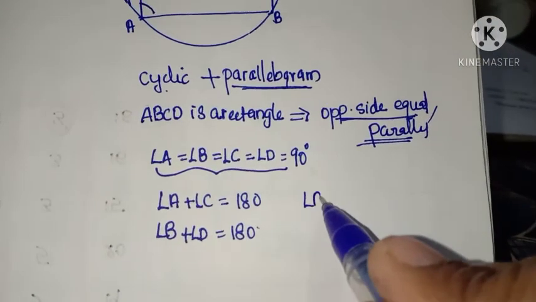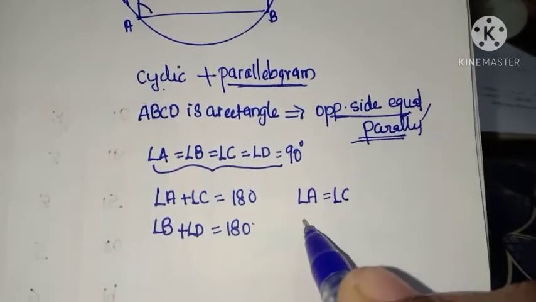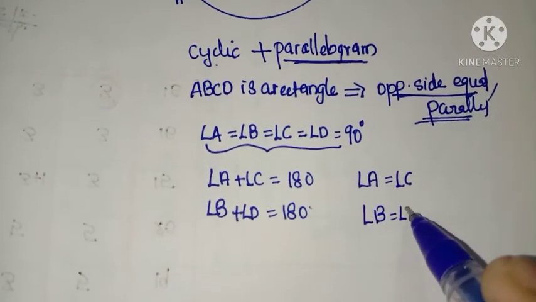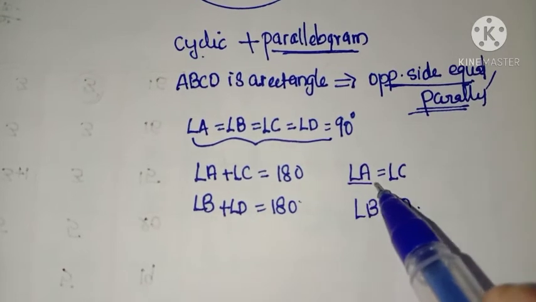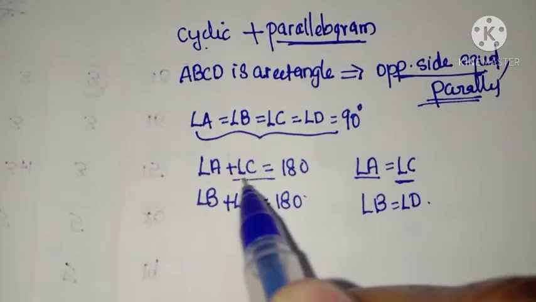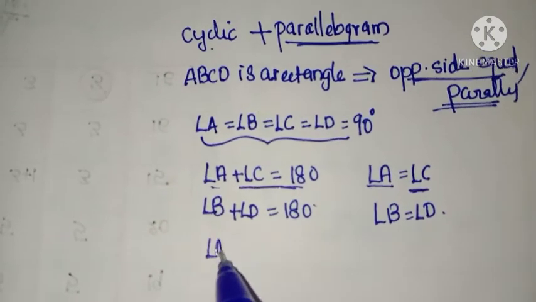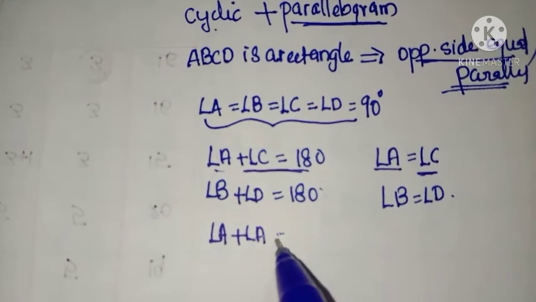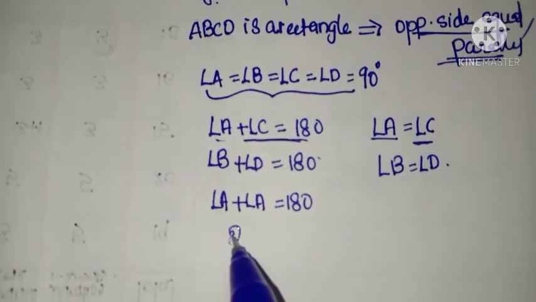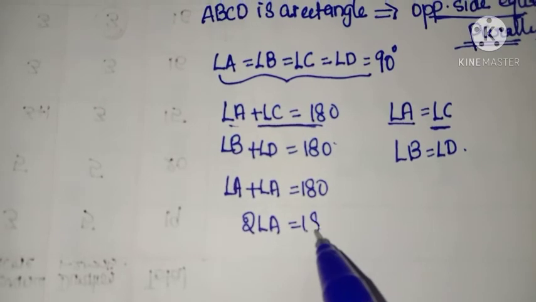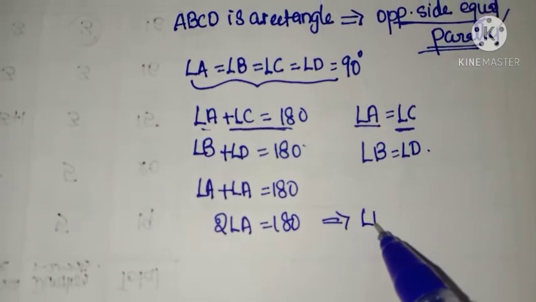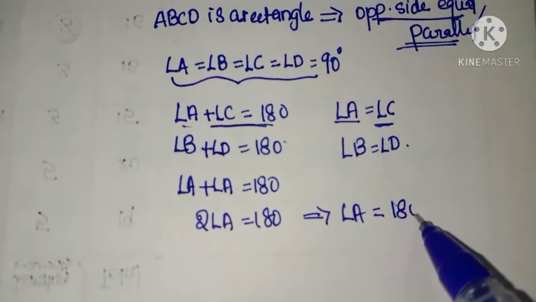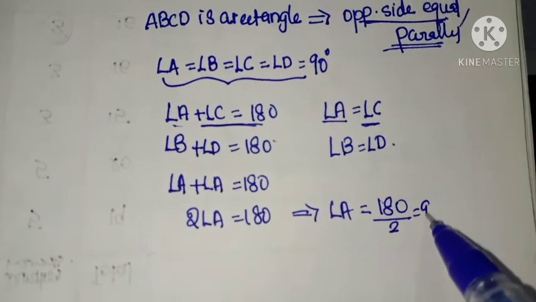That is, angle A is equal to angle C. Angle B is equal to angle D. So put angle A equal to angle C here. So this becomes, listen, angle A plus angle A equals 180. 2 angle A is equal to 180, or angle A is equal to 180 by 2, that is 90 degrees.